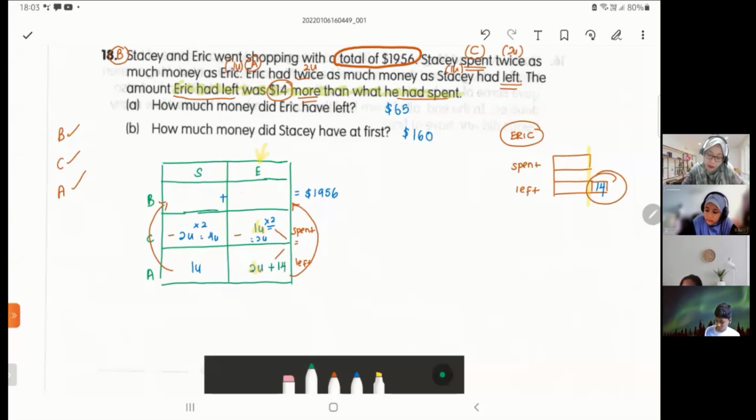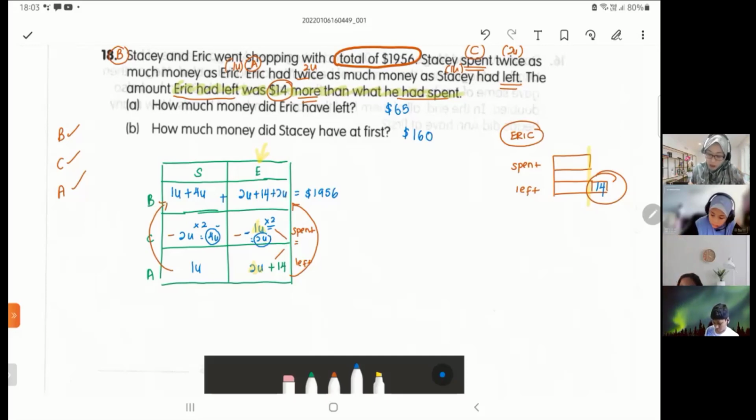The 14, remember, I haven't put in there yet. So now we are going to go backwards, go forward lah. Which means I bring up my 1 unit. Now this is 4 units, minus, right? So that one become plus 4 units, like that. Bring up my 2 units plus 14. And then over here, this is my new one, right? Remember, spent is always minus, so the minus become plus 2 units, like that.